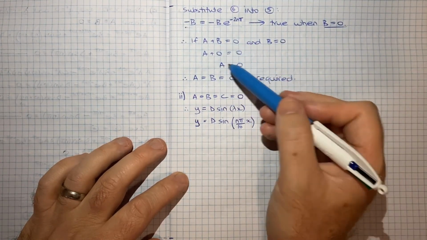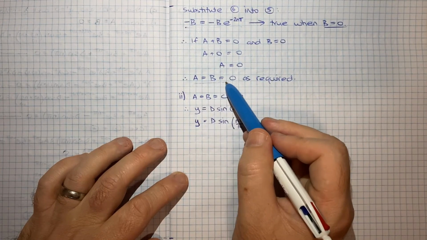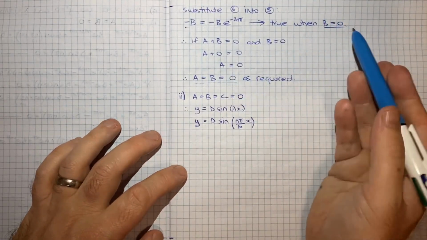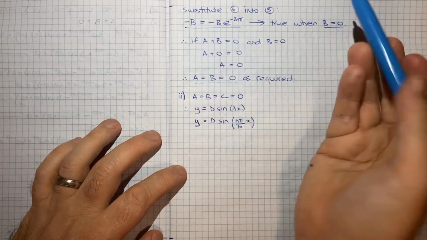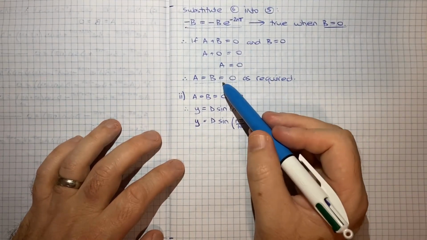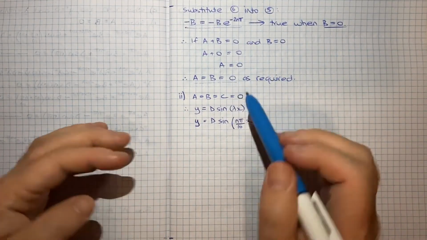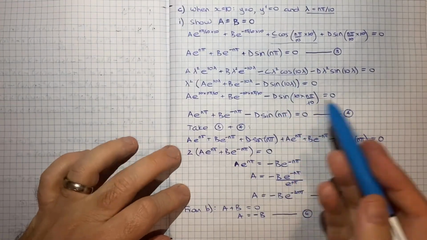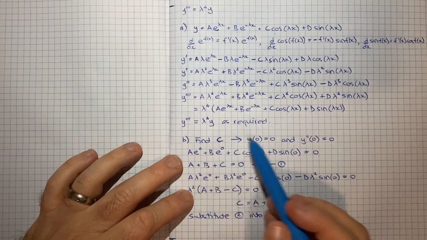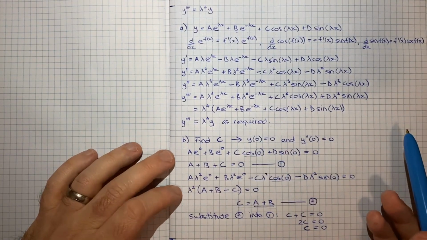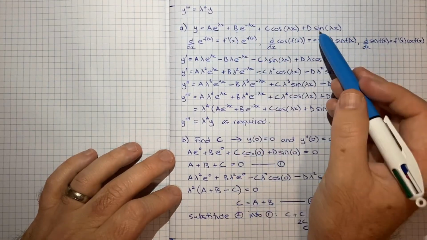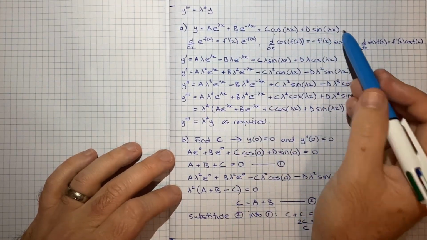When b is naught, a will be naught, so a equals b equals naught is satisfactory. It can satisfy what needs to be true. And then because in part B we found that c was naught, it really does simplify under these initial values that we're given in part B and then C as well. The whole equation really simplifies down. Everything drops away and we're just left with this final component.